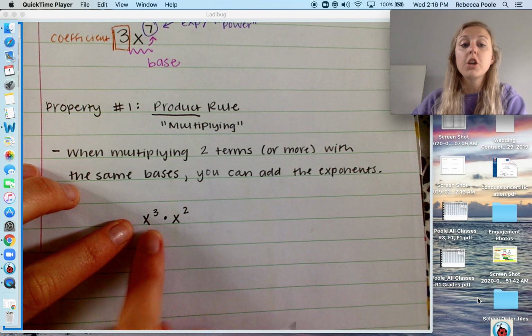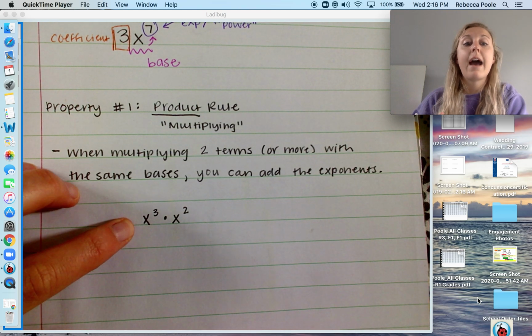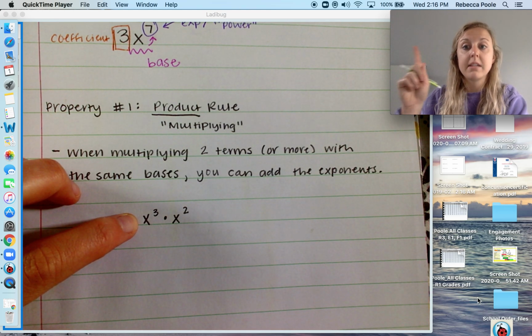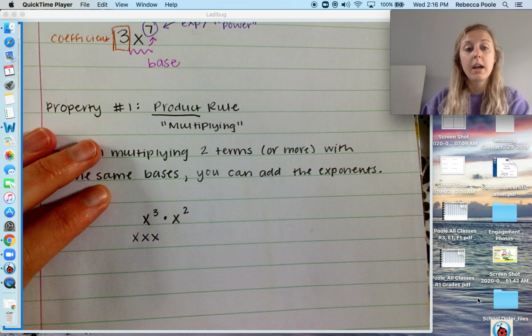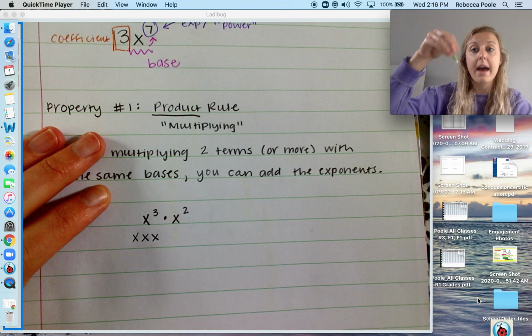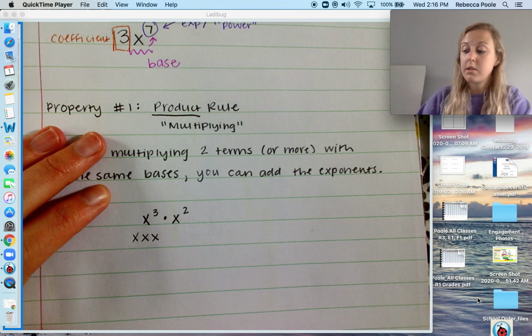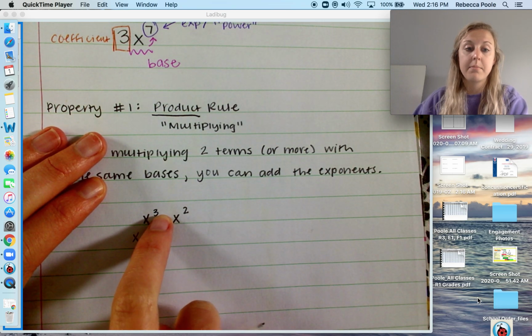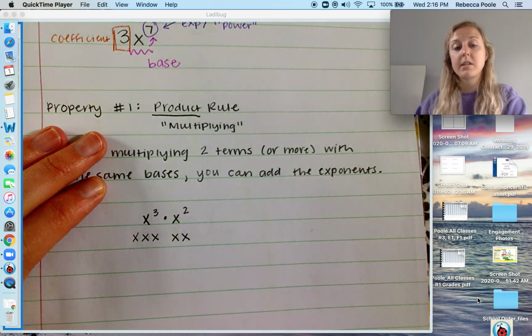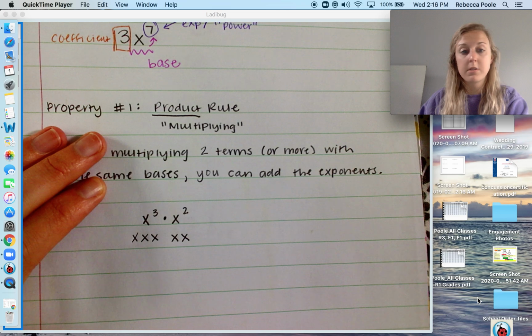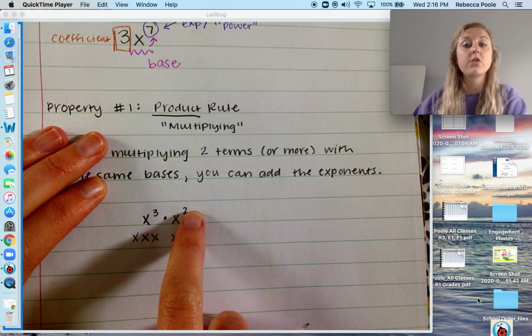So x cubed means we have how many x's times itself? 3, right? X cubed means there are 3 x's multiplying by themselves. So x appears 3 times. X squared means there are 2 x's multiplying by themselves. So the base x appears 2 times.